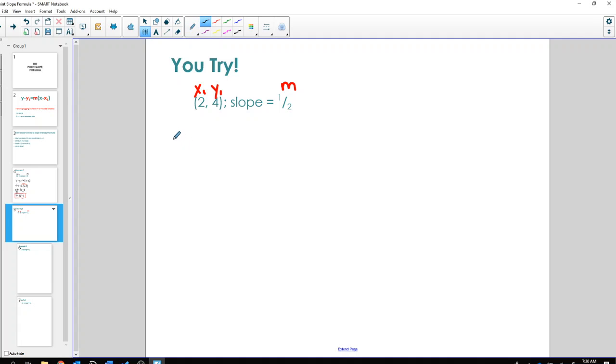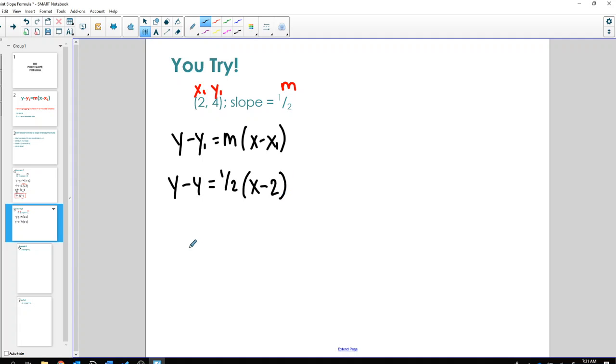So now I go into my y minus y1 equals m times x minus x1, and I start replacing my variables. So y minus 4 equals 1/2 times x minus 2. And then this left side is going to stay the same for now.